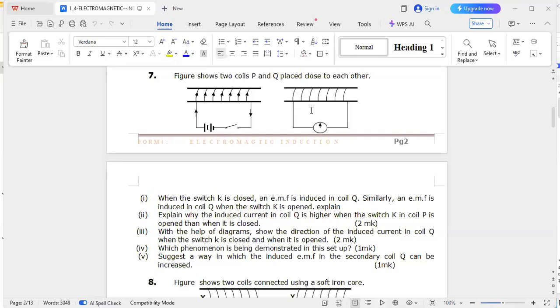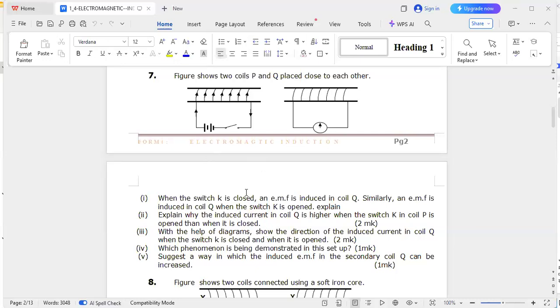For us to increase the magnitude of induced EMF, we can increase the number of turns of coil Q. Secondly, we can also increase the primary current here. We can add some cells. Don't say increase the number of cells; you say increase the amount of current in coil P.